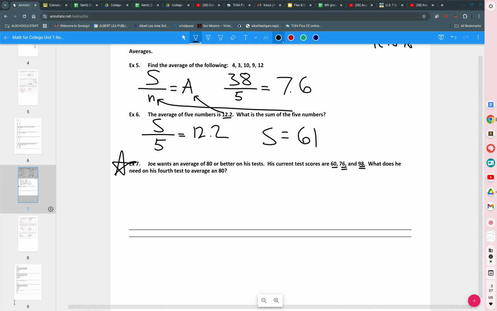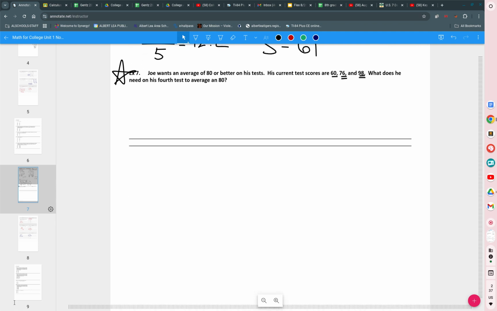In fact, it says, what would Bella need on the fourth test in order to get an average of 80? And I'll have students do this type of problem on their own for their own tests. And we're going to use that same formula, which is we take the sum and divide it by the number to get the average. In this case, we have 60, and we're going to add to that 76 and 98.